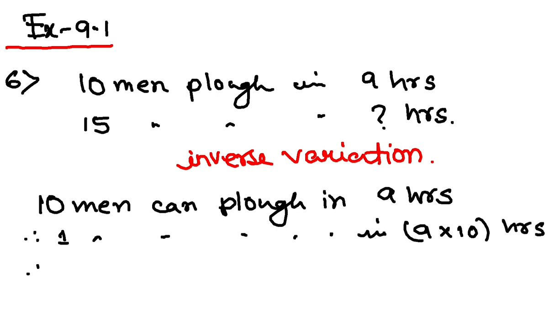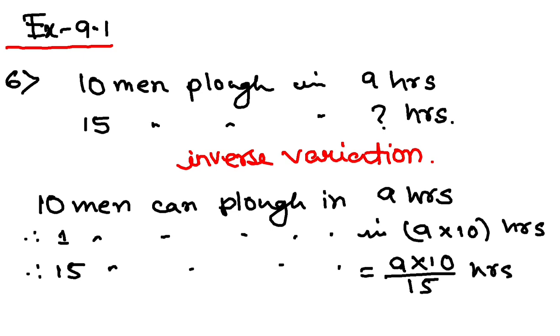Therefore, 15 men can plow in, now you have to divide 9 into 10 by 15 hours. So 5 twos are 10, 5 threes and 3 threes. My final answer is going to be 6 hours. Done. So if they are in inverse variation, first you have to multiply, then divide, not like direct variation.